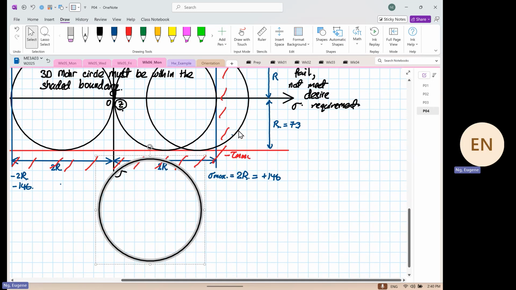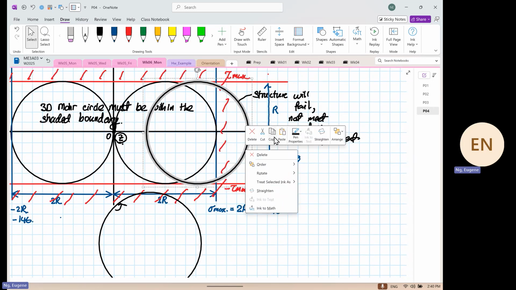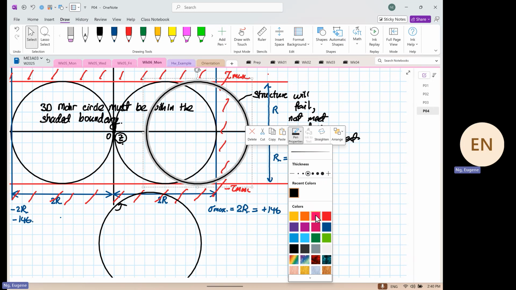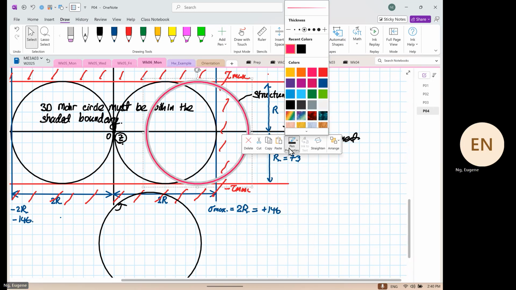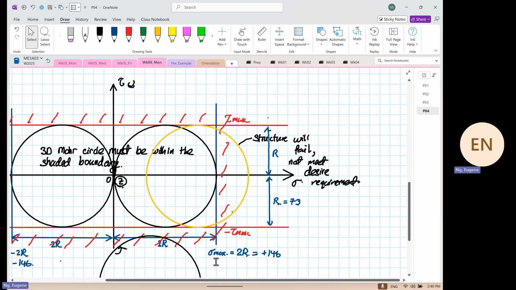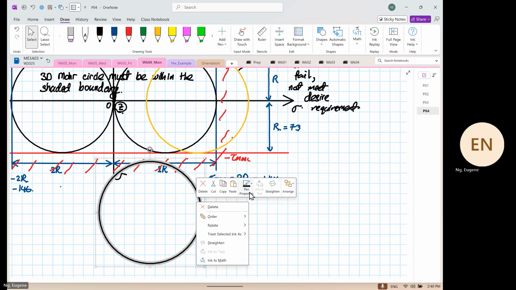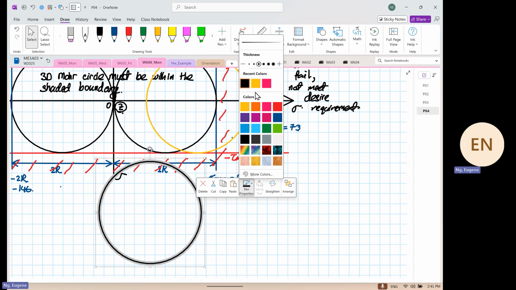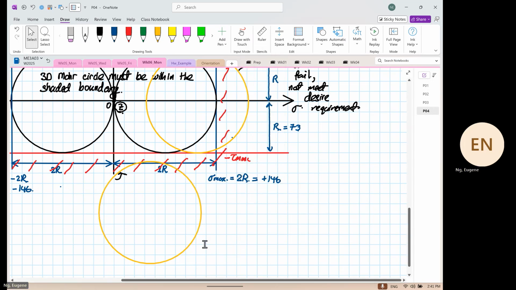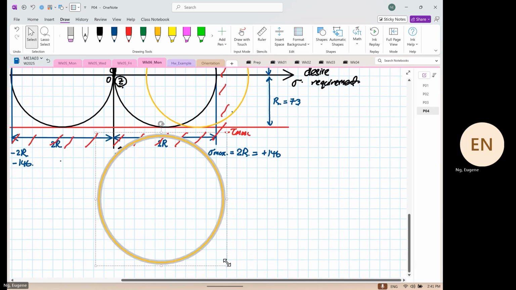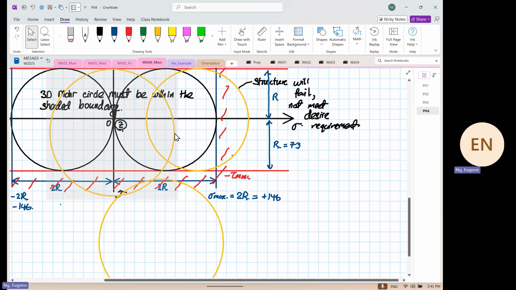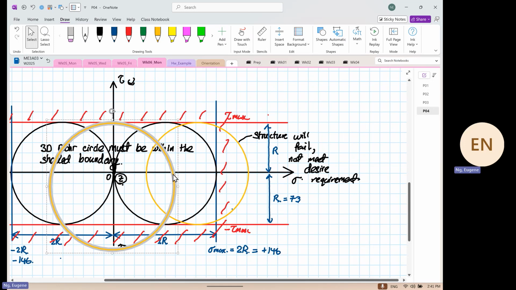Or another situation, it can be within the structure or within the box. Let me change this into a different color so you can see better. Let me change this to pink, okay? Change this to orange, okay? What if now your circle looks like this? Okay, so now your circle, it is within the what?